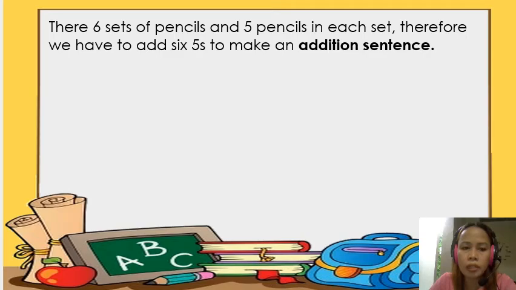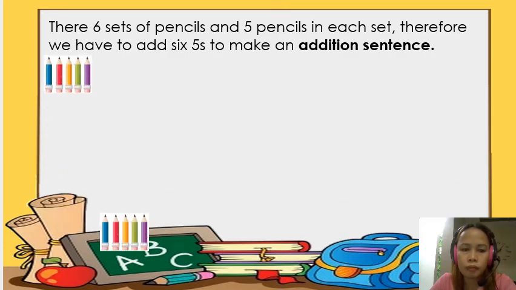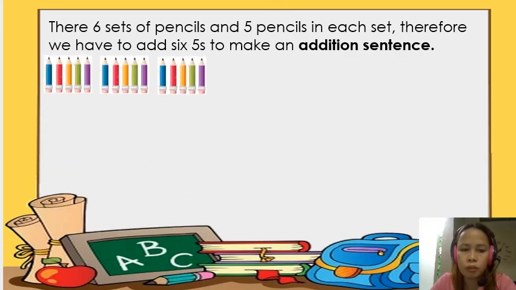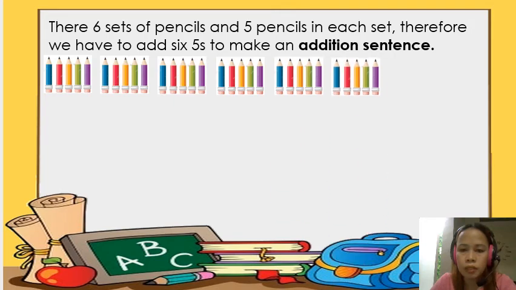There are 6 sets of pencils and 5 pencils in each set. Therefore, we have to add 6 fives to make an addition sentence. Help me count the sets of pencils again. Ready? 1, 2, 3, 4, 5, 6.